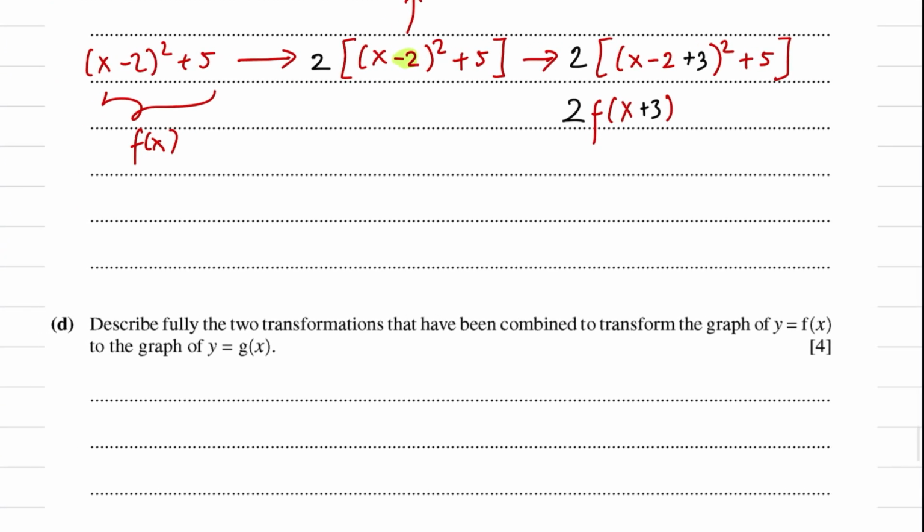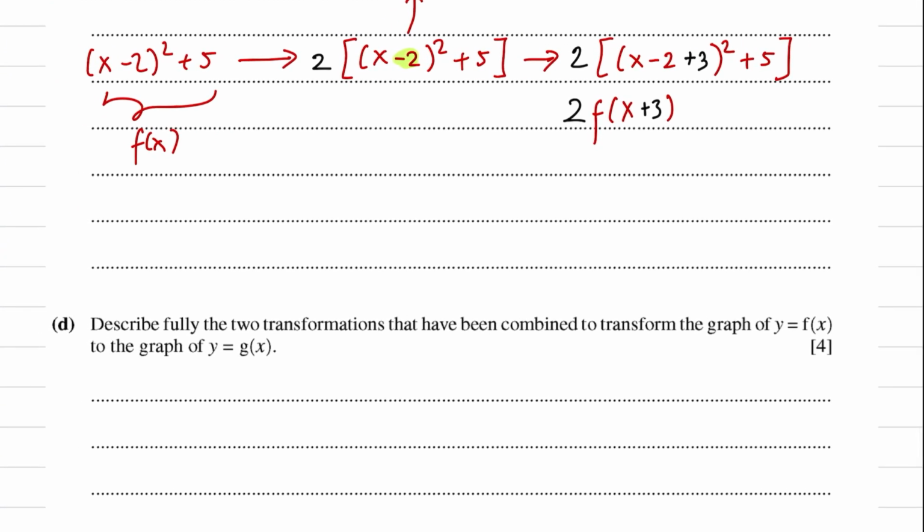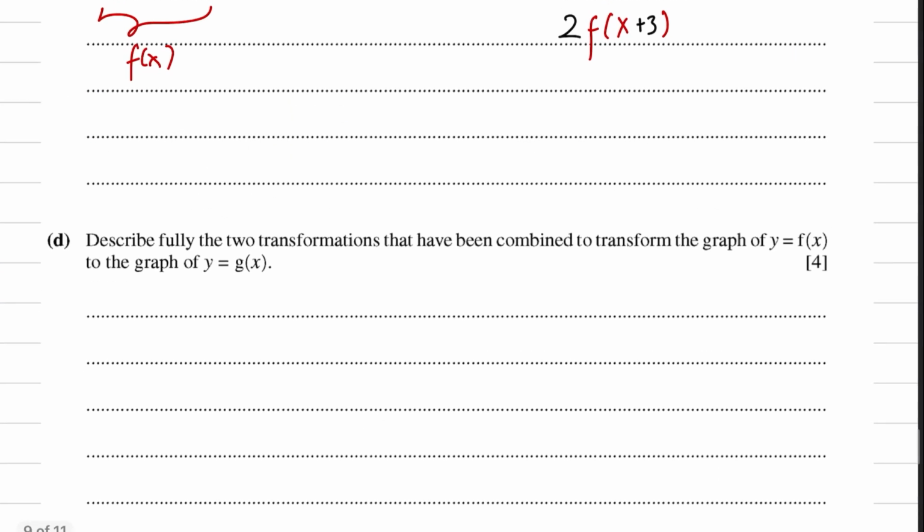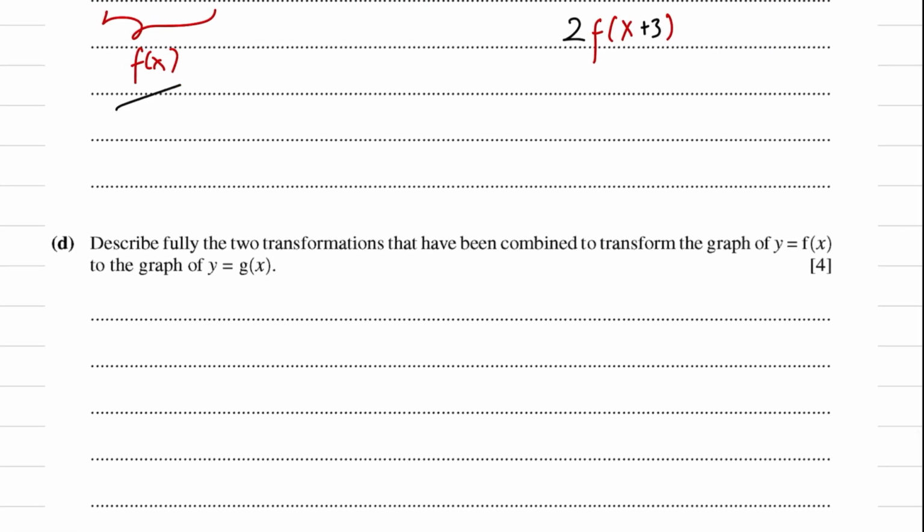In part D, we need to describe fully the two transformations that have been combined to transform the graph of y equals f(x) to the graph of y equals g(x). So let me copy paste my answer here. Or maybe I don't need to copy. I just care about the last one, this and this.